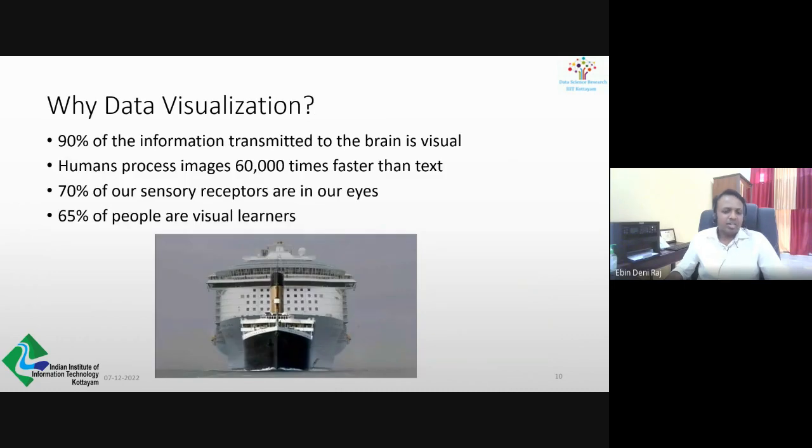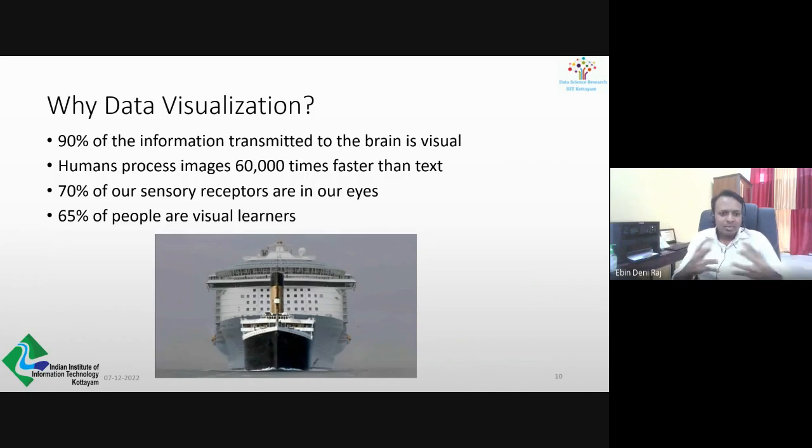So in short, as I mentioned, visual data is easier to remember than words. There are multiple studies which show that only 10 to 20 percent of written or spoken data is remembered, while 65 percent of information is remembered when it is presented visually.